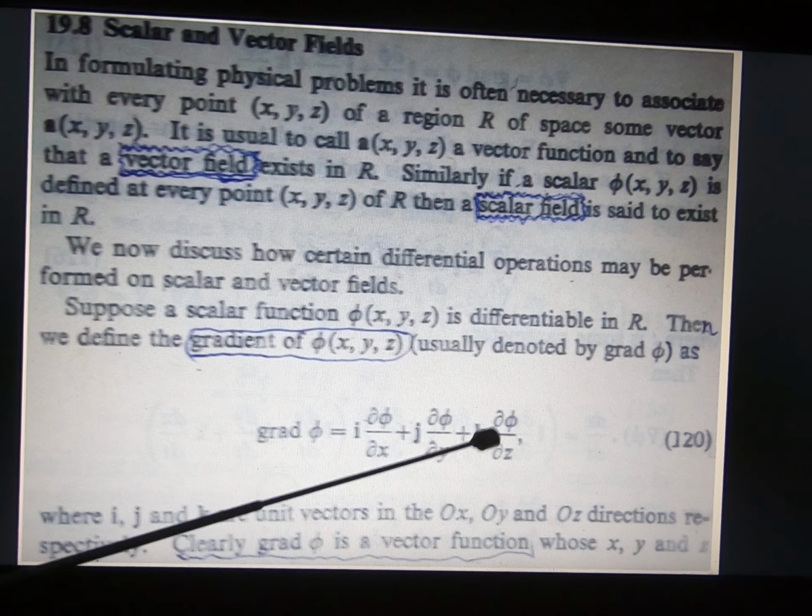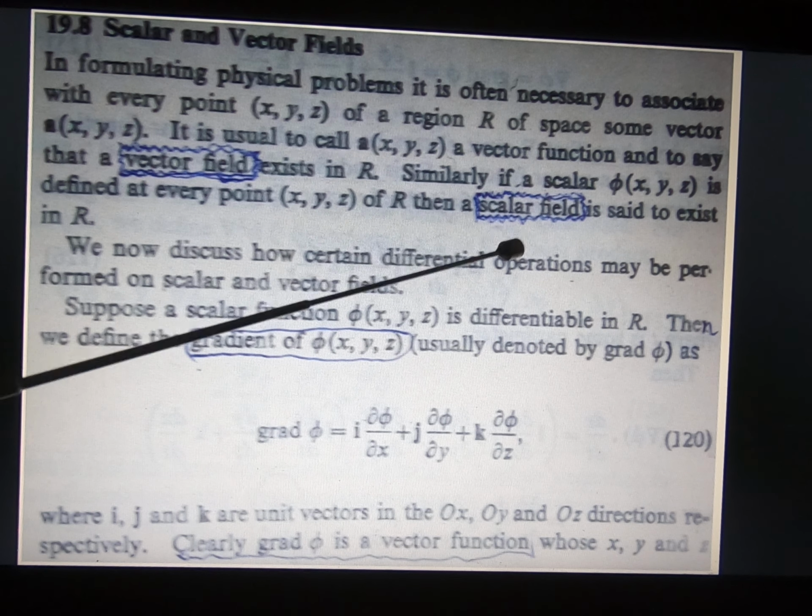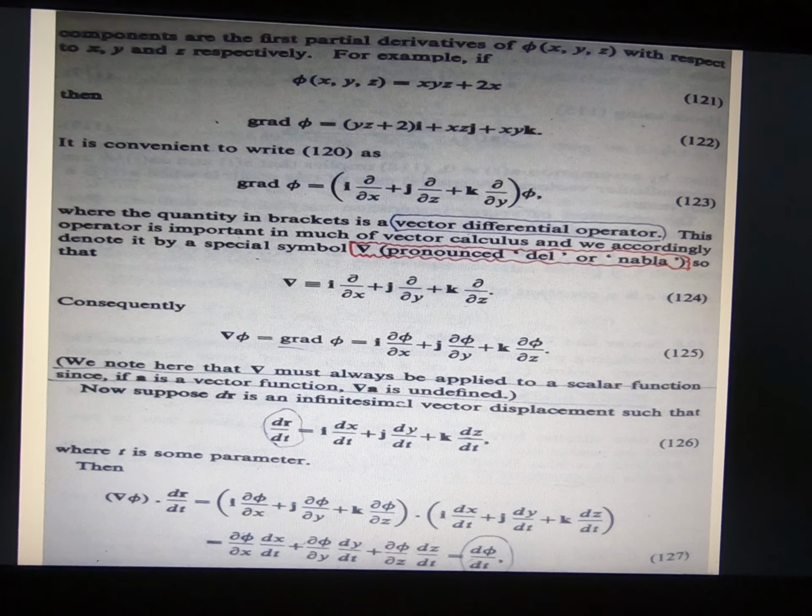is an expression like this on a scalar field, and later we will see a vector field. So grad like this, and then you can see the three-dimensional Laplacian.